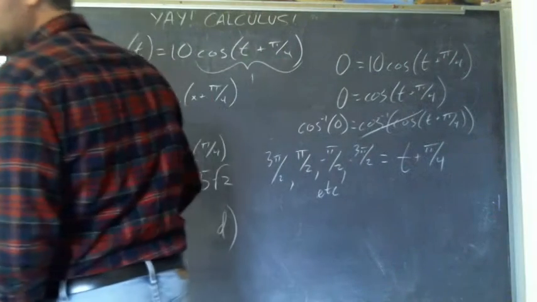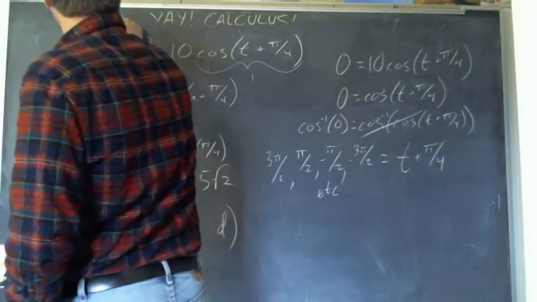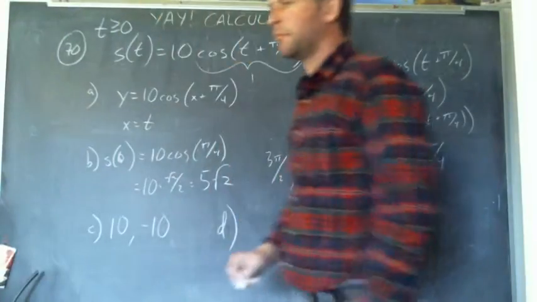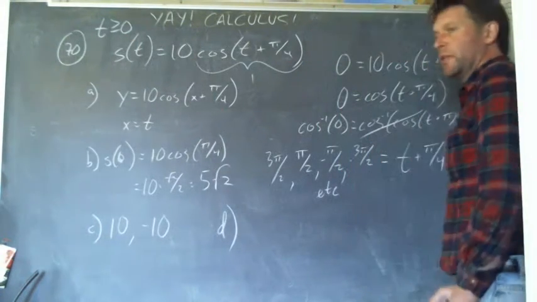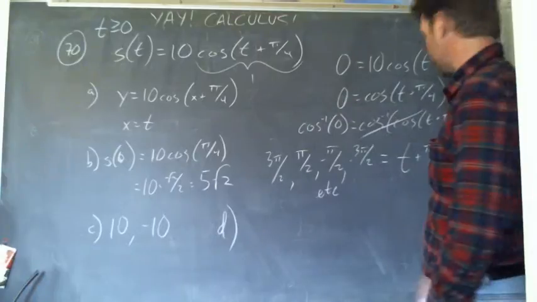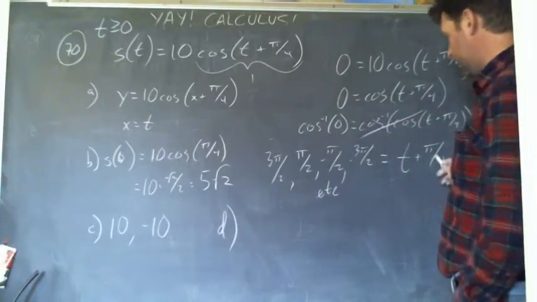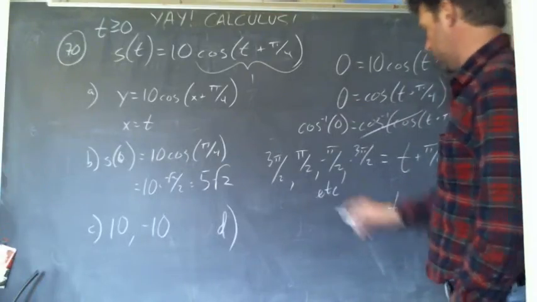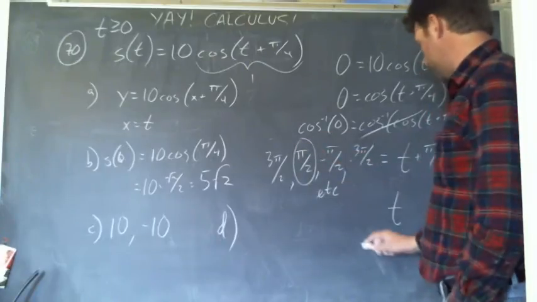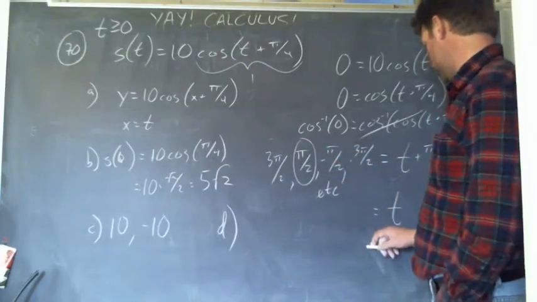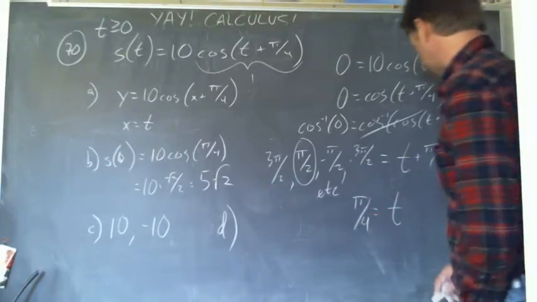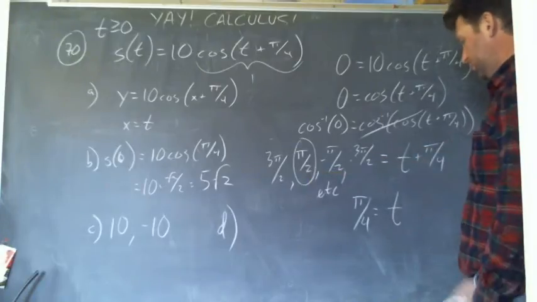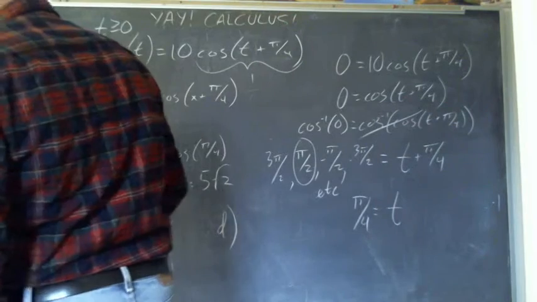Remember that we said in the instructions that the position at time t greater than or equal to 0 of a particle moving along the s-axis is given by this. So the nearest t would be this one, which when we subtract pi over 4 gives us pi over 4. I'm sorry, yeah, t equals pi over 4. So that's the time when we first reach the origin.